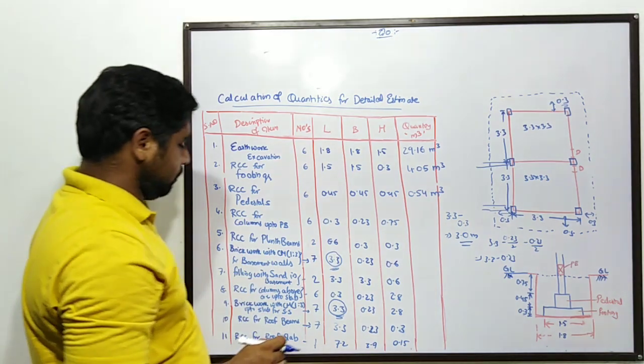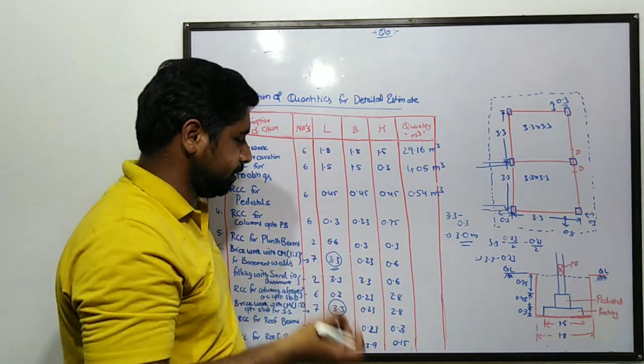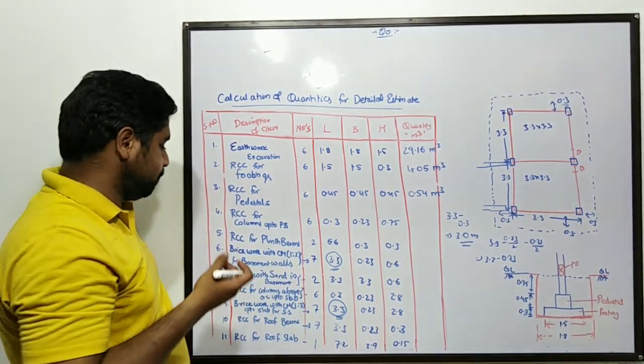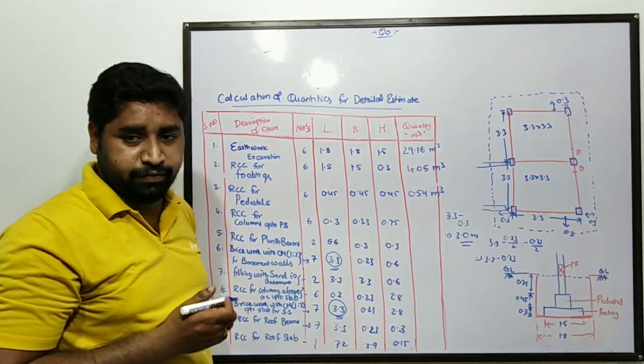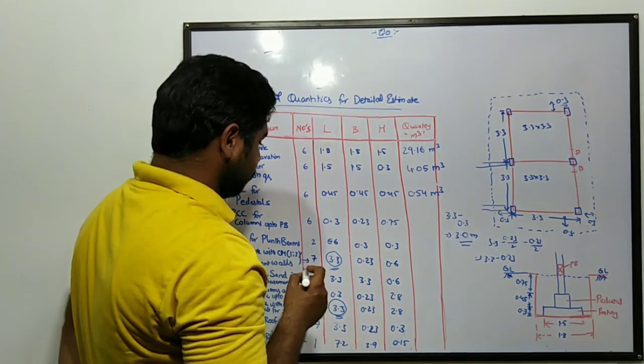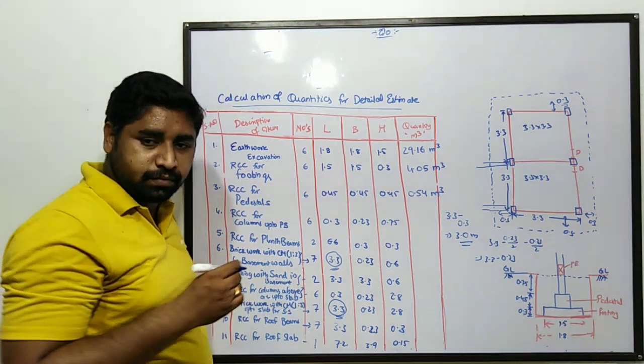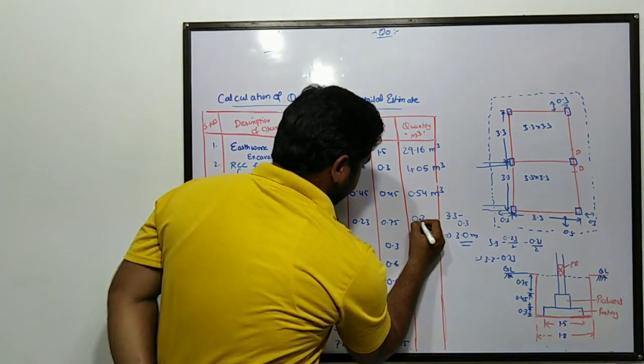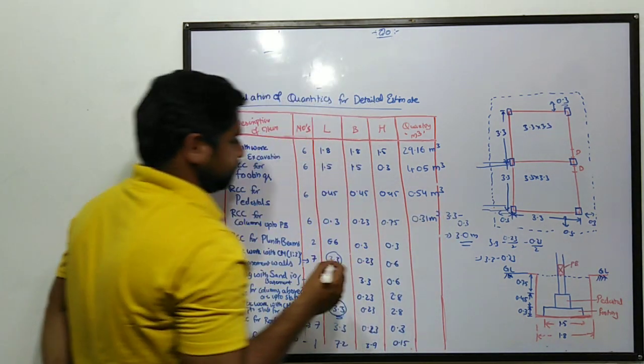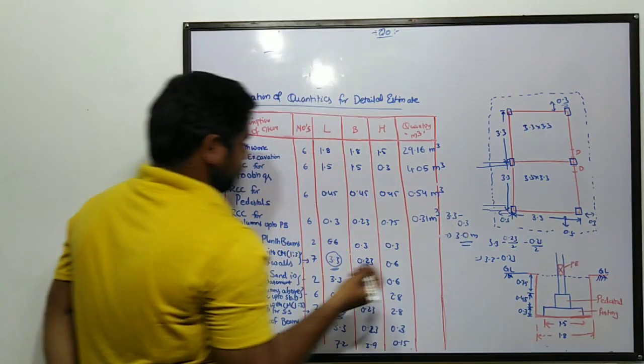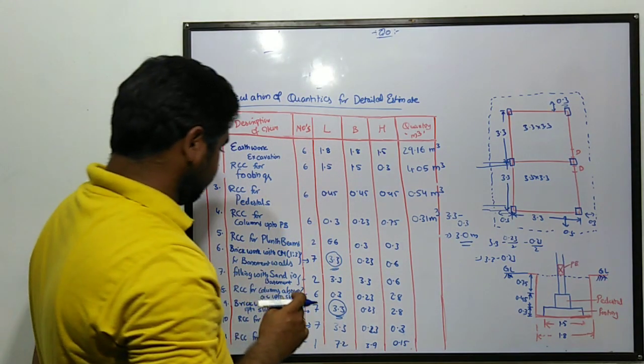Next columns, RCC columns, 6 into 0.3 into 0.23 into 0.75, and that will be around 0.31 meter cube. Okay, next one, RCC for plinth beam.